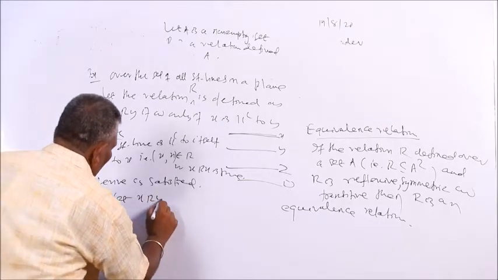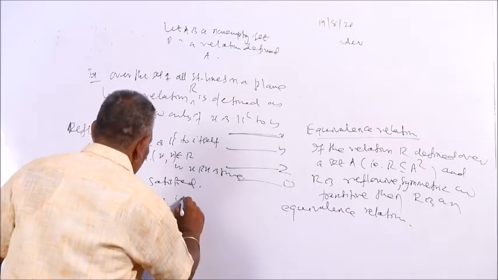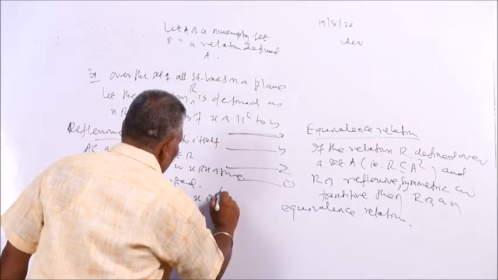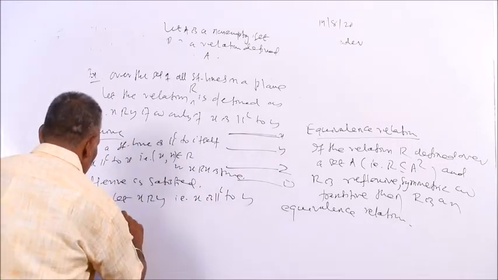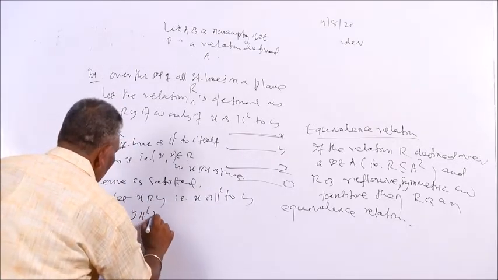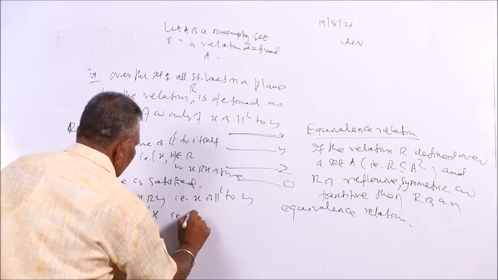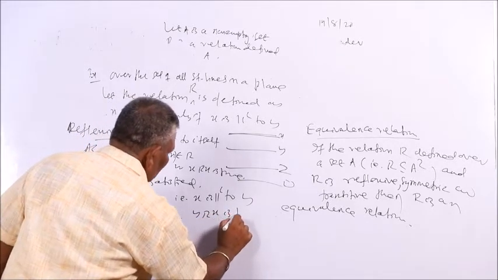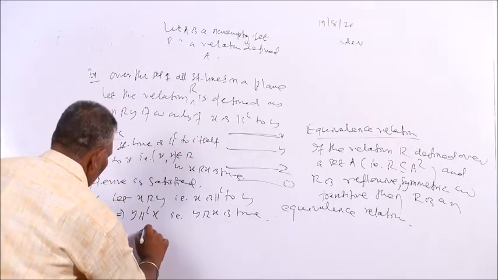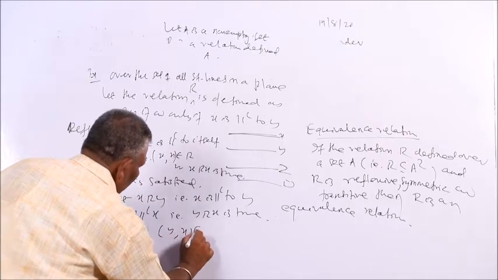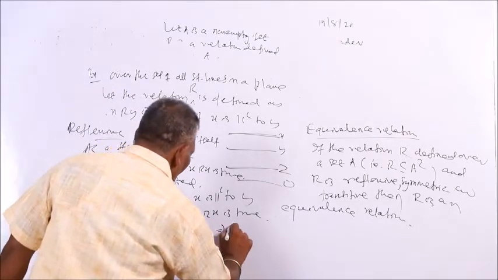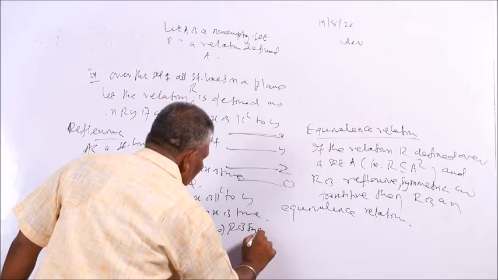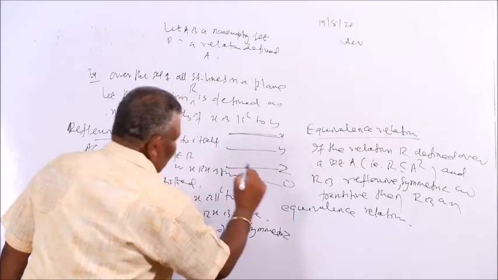Let x be related to y, that is, x is parallel to y. Then also y is parallel to x, that is, y R x is true, or the ordered pair (y, x) belongs to R. That implies R is symmetric.